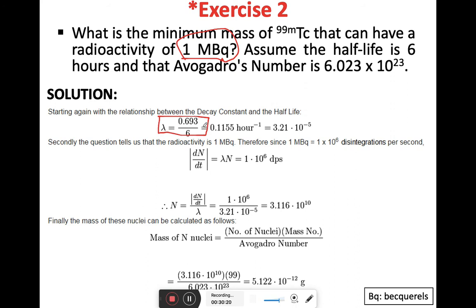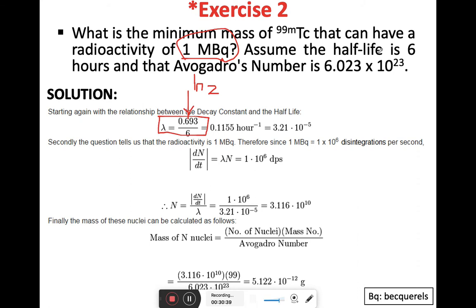This is easy to remember. If you're wondering what 0.693 is, this is actually ln 2, just in case you are not aware where it comes from. Just plug in the values.